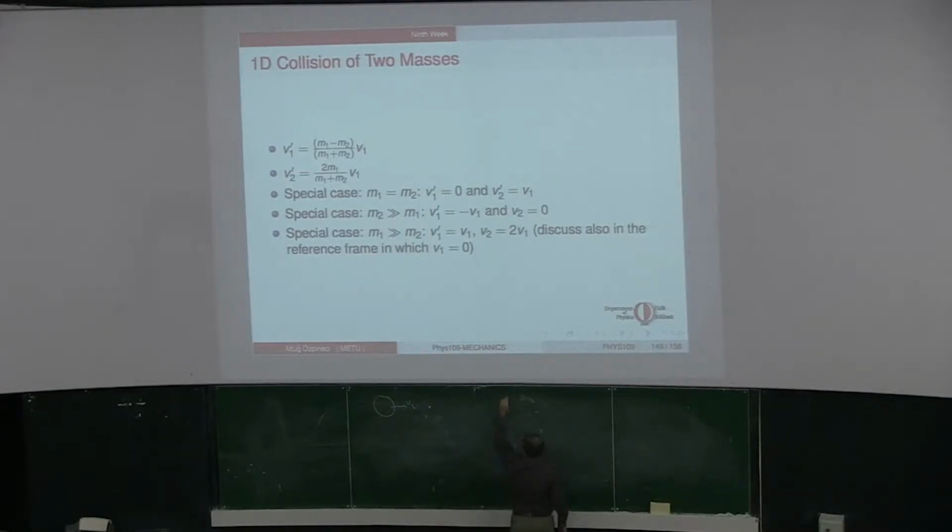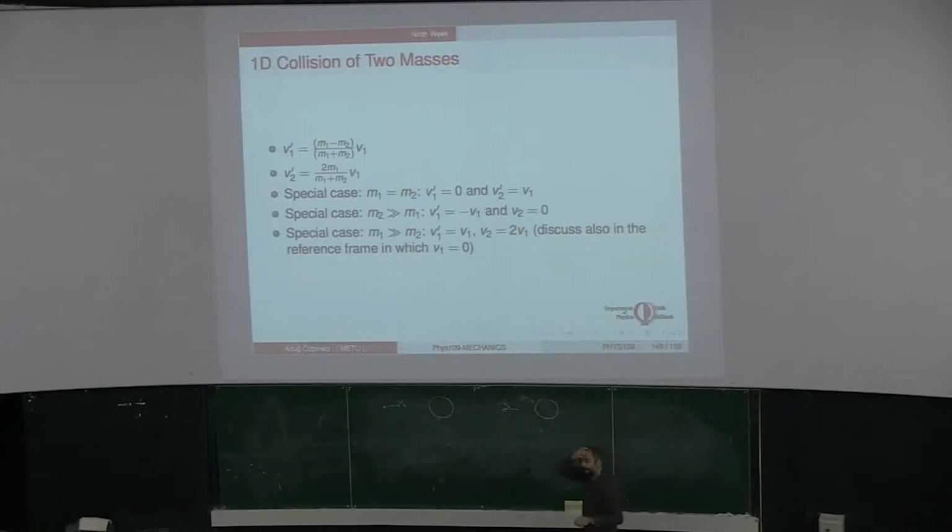No, hold on, it's the opposite one. The first case is we have a small object which moves with velocity v1, hitting a very large object, which is at rest. After the collision, the large object is still at rest. The very small object is moving with velocity minus v1. So this is what happens in the first case.